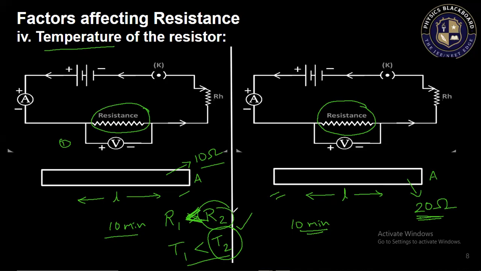So finally we can say that the relation between resistance and temperature is directly proportional. Resistance is directly proportional to the temperature of the resistor. Done? Yes.